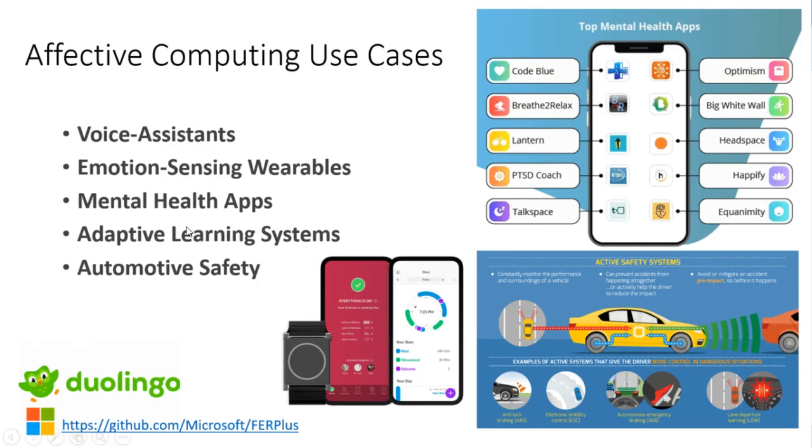But generally it's in the area of adaptive learning systems like e-learning, where you have emotions, but also other things that AI can measure. And finally, we have automotive safety, and that is when it comes to cars.